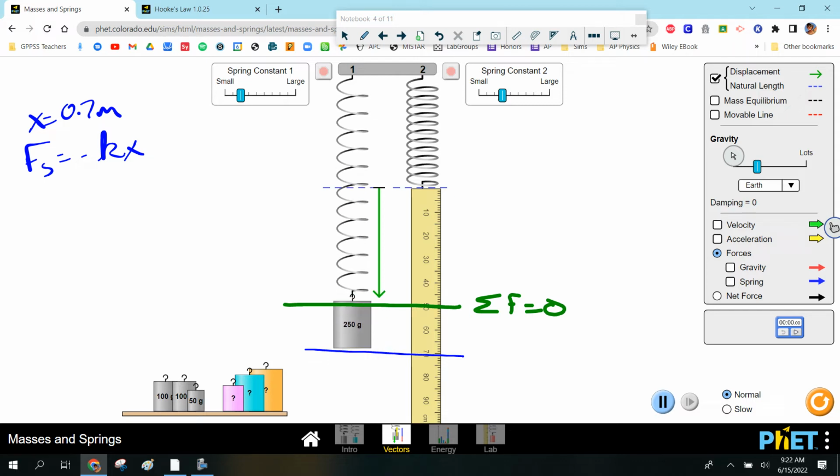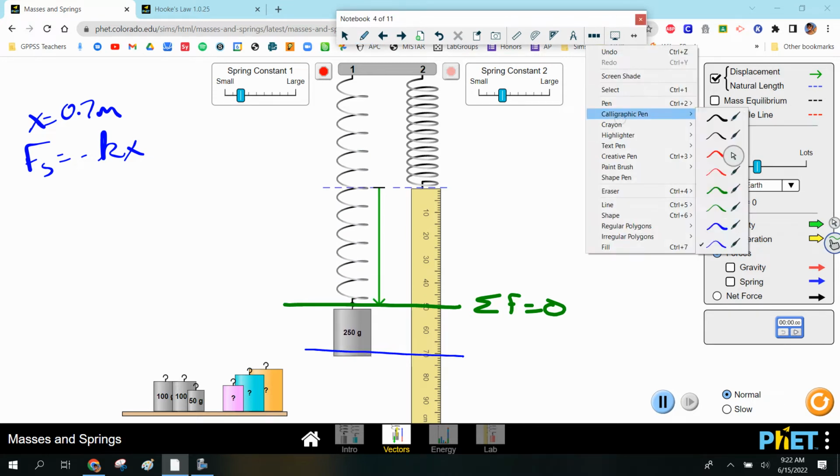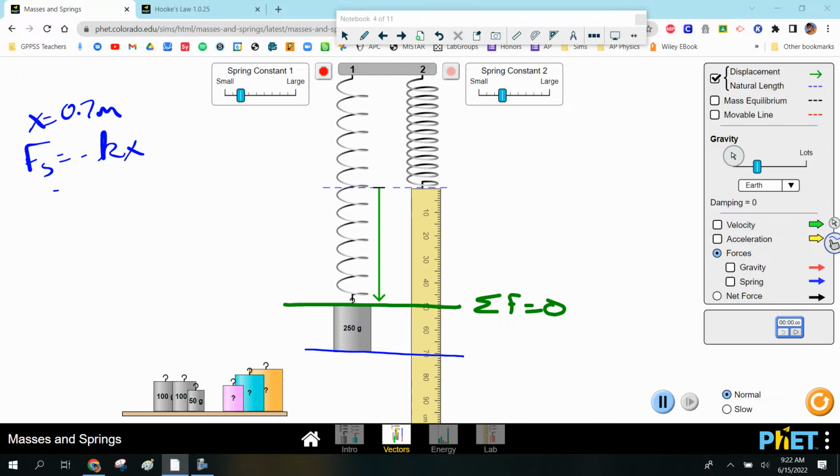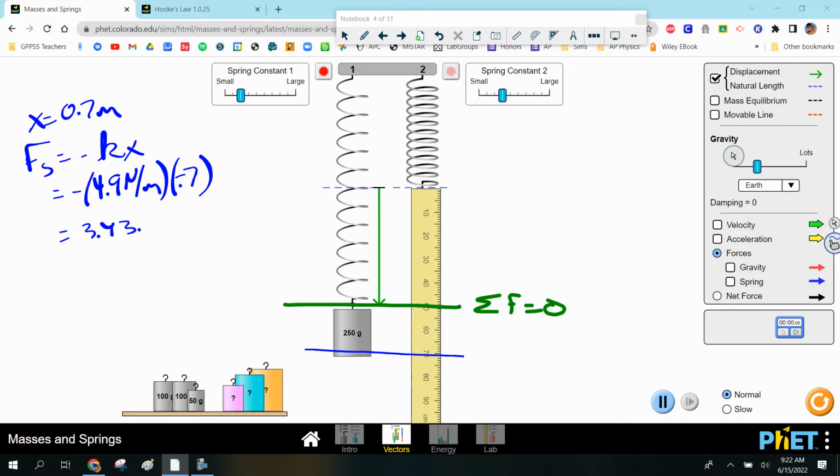I don't want to do it yet, so let's go back and do our calculations. The force of the spring is negative k times x, which is negative 0.7, so this gives you 3.43 newtons.